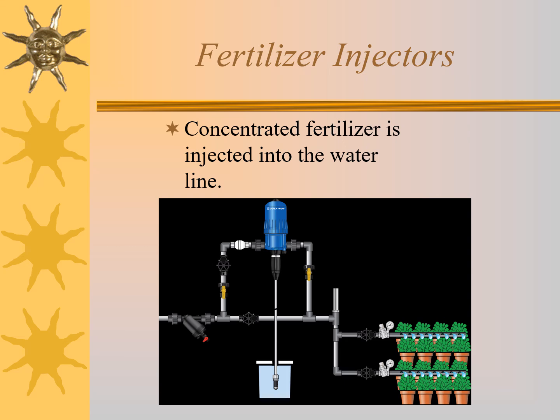All right, the next part of this system is a check valve that's right here. That just ensures that water cannot flow backwards through the system.